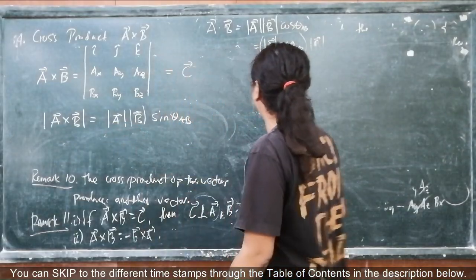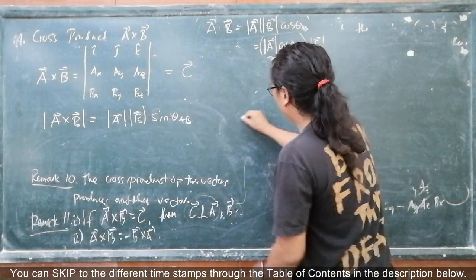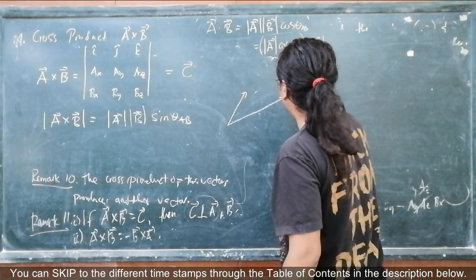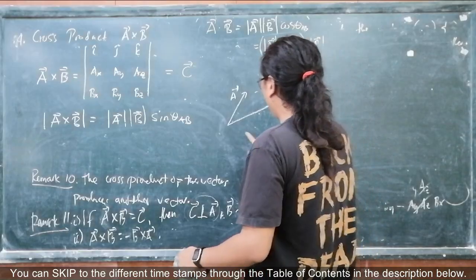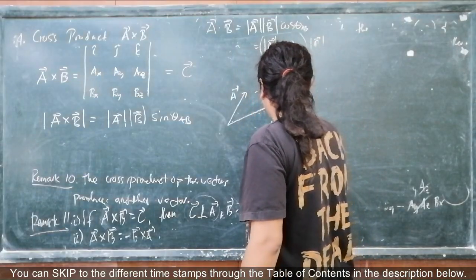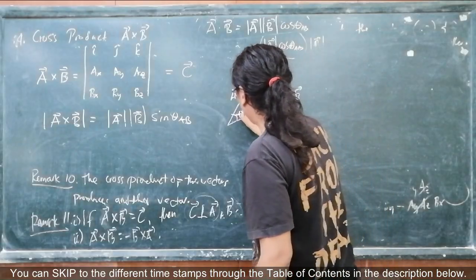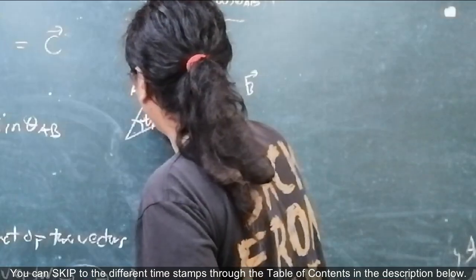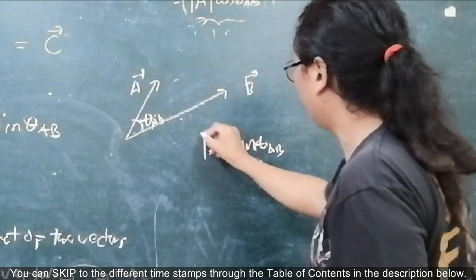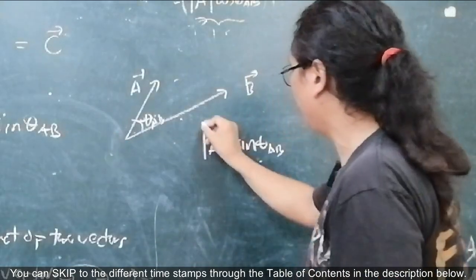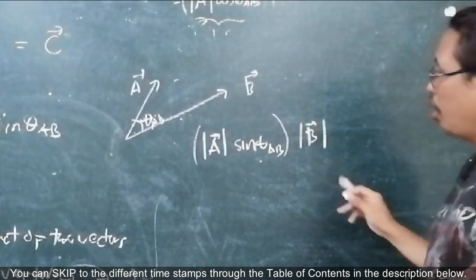Now, let's interpret this magnitude. You have vector A and you have vector B. This is A. Let's take this again as the magnitude of A sine theta. This is, by the way, sine theta AB, that angle. I'll write this like this, times the magnitude of B. But what is this?